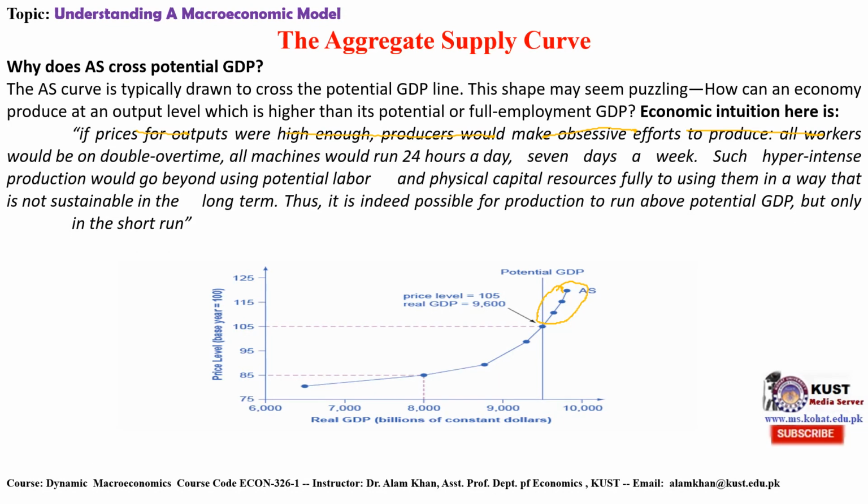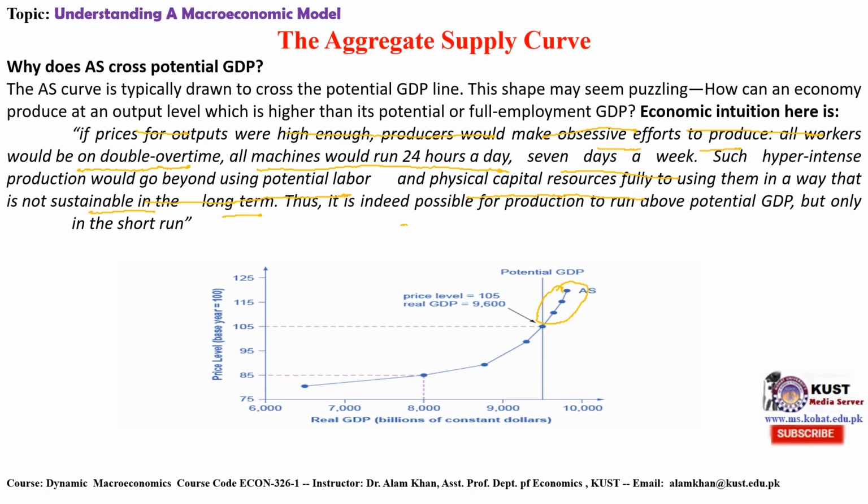if the price for output were higher, enough producers would make obsessive efforts to produce. All workers would be on double overtime. All machines would run 24 hours a day, 7 days a week. Such hyper-intense production would go beyond using potential labor and physical capital resources fully, to use them in a way that is not sustainable in the long term.